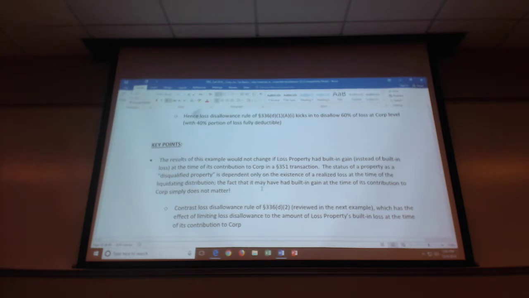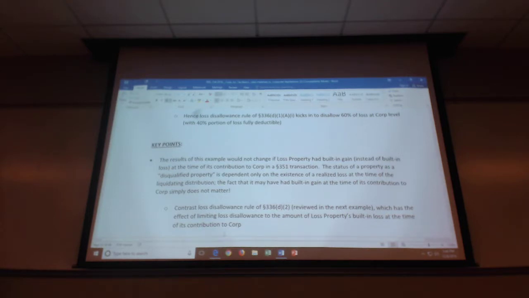But I did make a mistake. The way you analyze this code section is you look at whether the property has a built-in loss at the time of the liquidating distribution, not at the time that it was contributed in a 351 transaction.